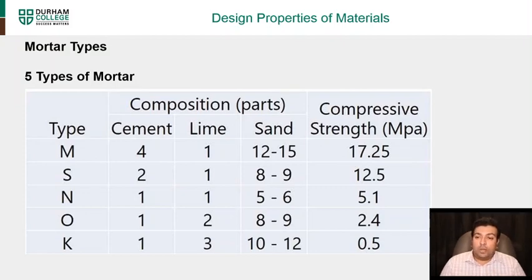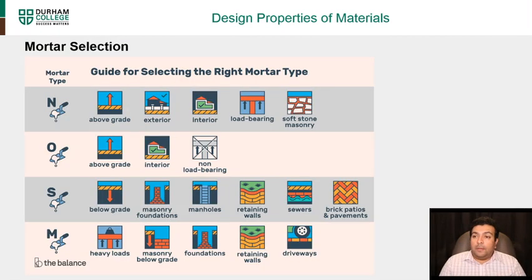You can see here the different types of mortar is what we use to get the different strengths. Now there's a guide for selecting the right type of mortar. You can see here that type N is used for above grade, exterior work, interior work, load bearing work, and soft stone masonry. That's where we use type N.